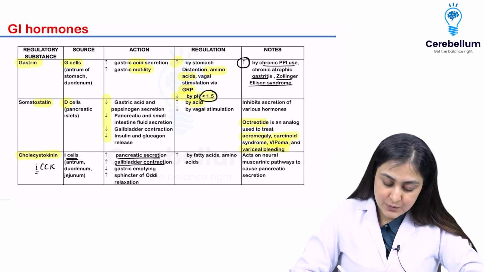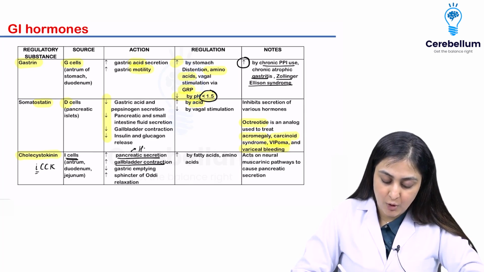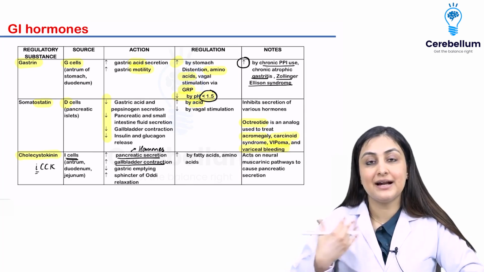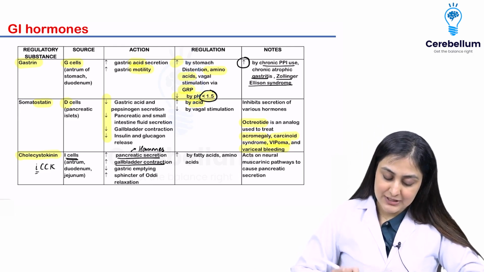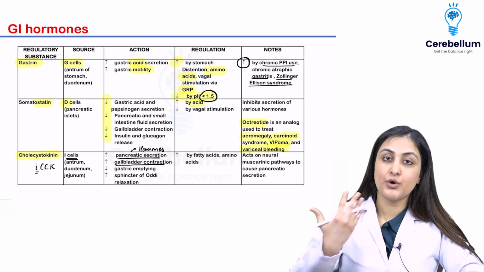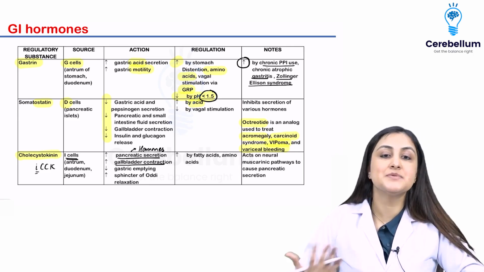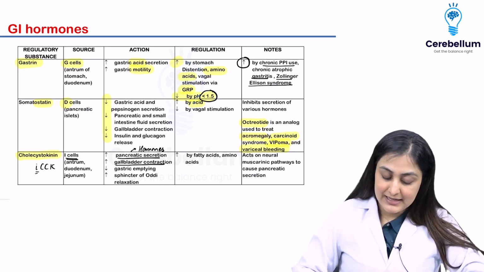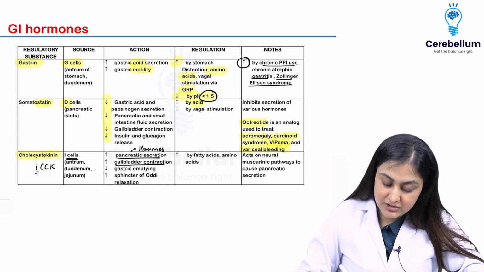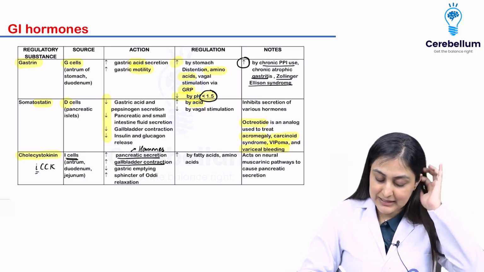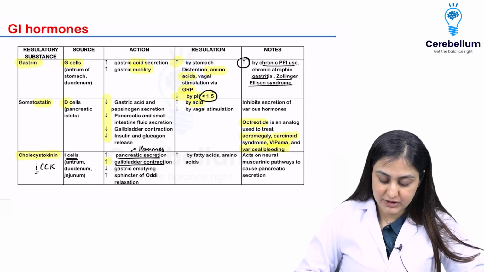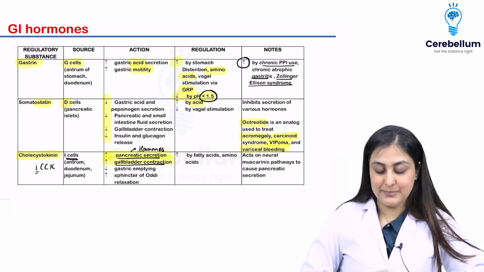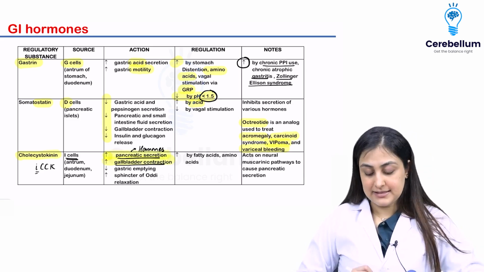In the pancreas, it stimulates the enzymes more than the bicarb secretion. It increases GB contraction, reduces gastric emptying, and also increases sphincter of Oddi relaxation. So here most important is GB contraction and pancreatic enzyme secretion.